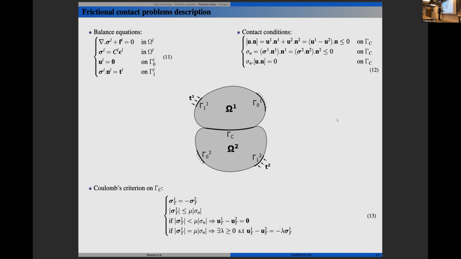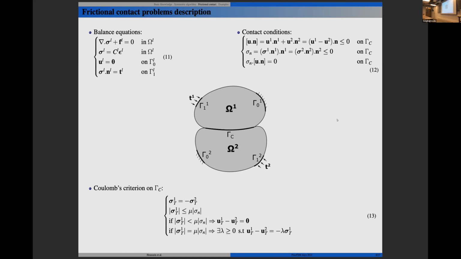And if we have an equality, therefore the two bodies can slip at this point. Unfortunately, the frictional contact problem cannot be expressed as a minimization problem. Therefore, we cannot use our developed methods, which used the minimization problem.